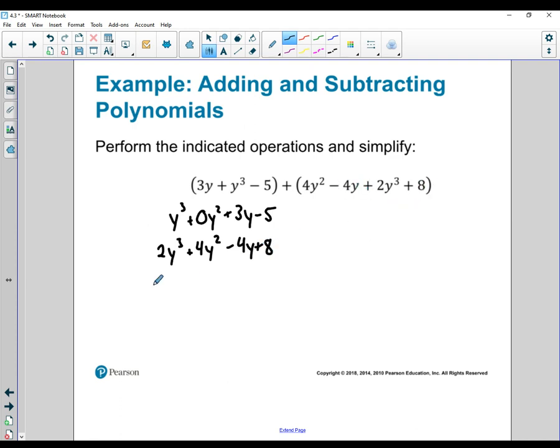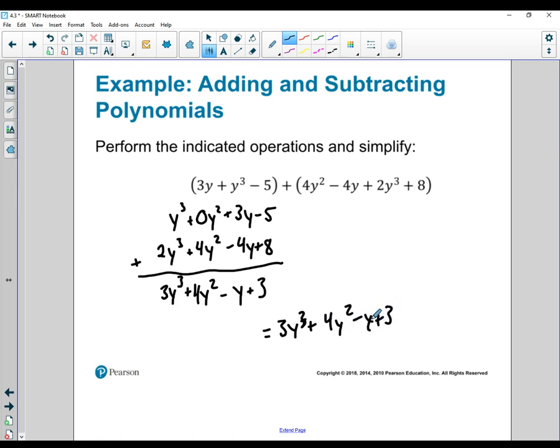And when we do it like this, you'll see that they've all nicely lined up for us. y cubed plus 2y cubed is 3y cubed, 4y squared, 3y minus 4y is minus y. Negative 5 plus 8 is going to be plus 3. And so that whole thing is 3y cubed, sorry, I keep saying squared, 3y cubed plus 4y squared minus y plus 3.